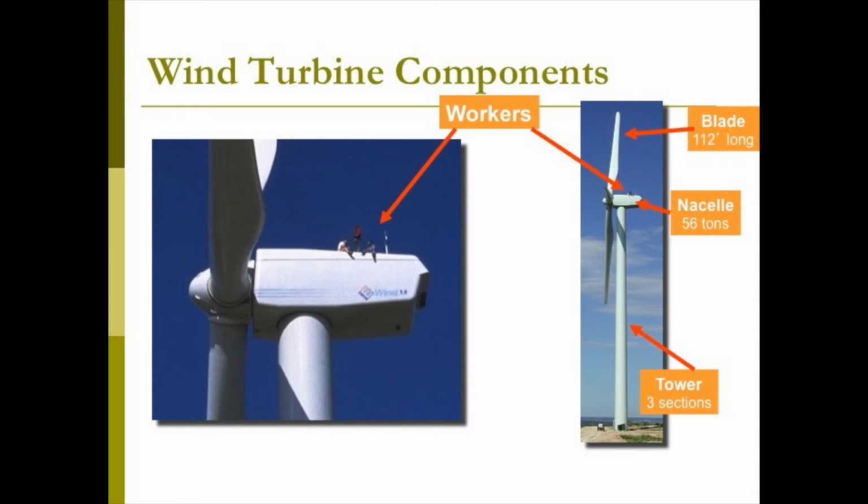And on the very top, there is a directional device to tell which way the wind is blowing, so that the wind turbine can always point into the direction of the wind. A big wind turbine like this would have protection against very large wind speeds, where it would shut down at very large, dangerous wind speeds.